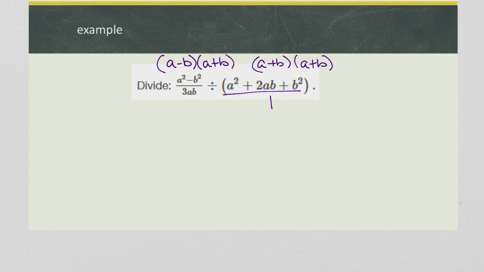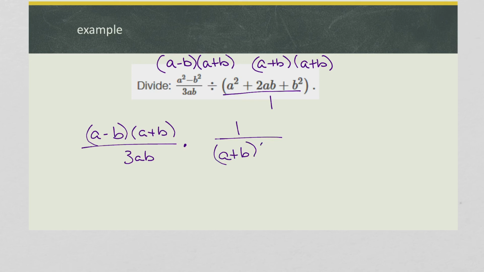And so now we're going to keep the first one. We're going to change the sign, and we're going to flip this one. Okay, so keeping the first one, we've got a minus b, a plus b over 3ab times 1 over a plus b and a plus b. Now let's mark out our like factors.